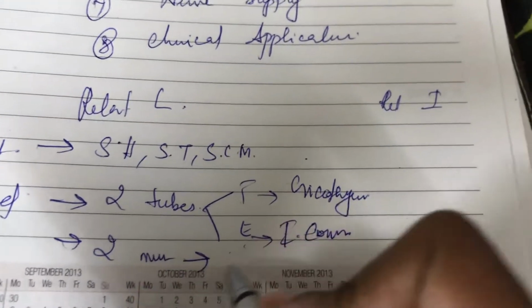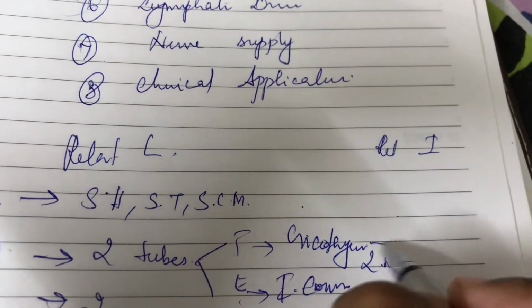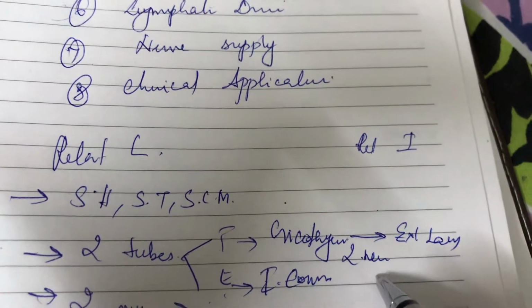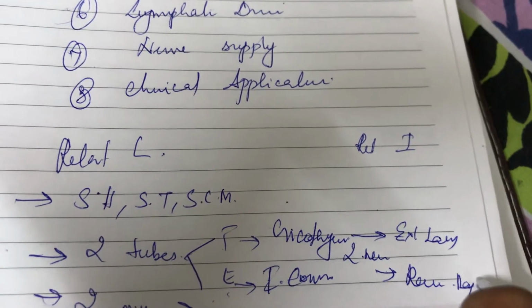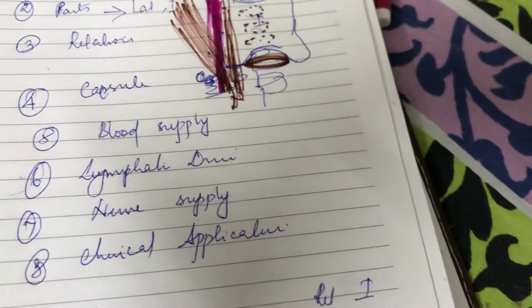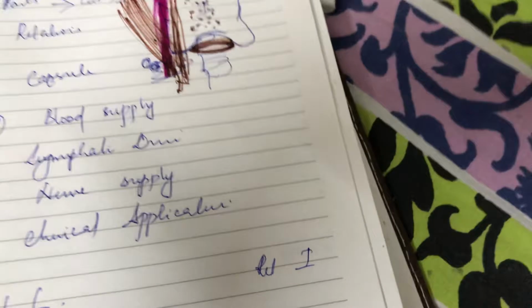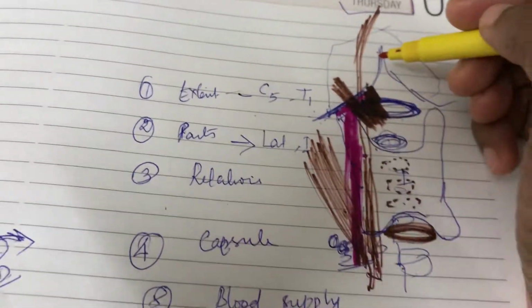So nerves also, two nerves. How will you write two nerves? One is for the cricothyroid, that nerve is called external laryngeal nerve, and the other one is called recurrent laryngeal nerve. So how will you draw the nerves? Yellow color only you are supposed to use.